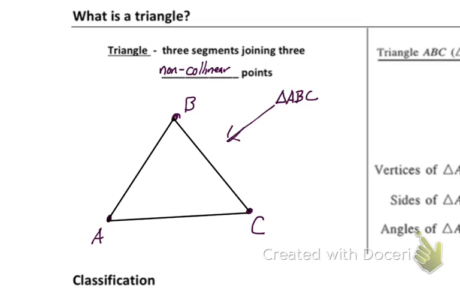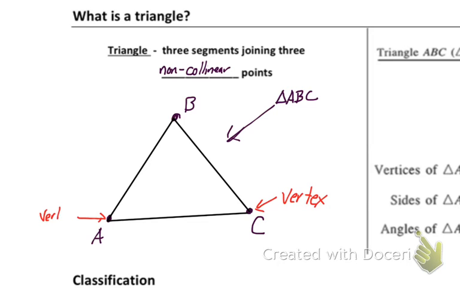Now some important facts about this triangle when I'm describing stuff. Every one of these points is a vertex. So a vertex is the point, or it's the angle formed by the point. So a triangle has three vertices.